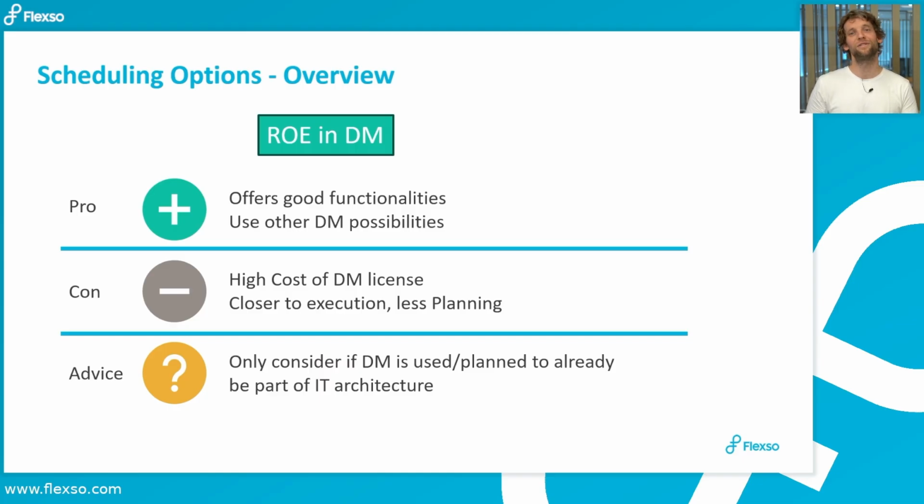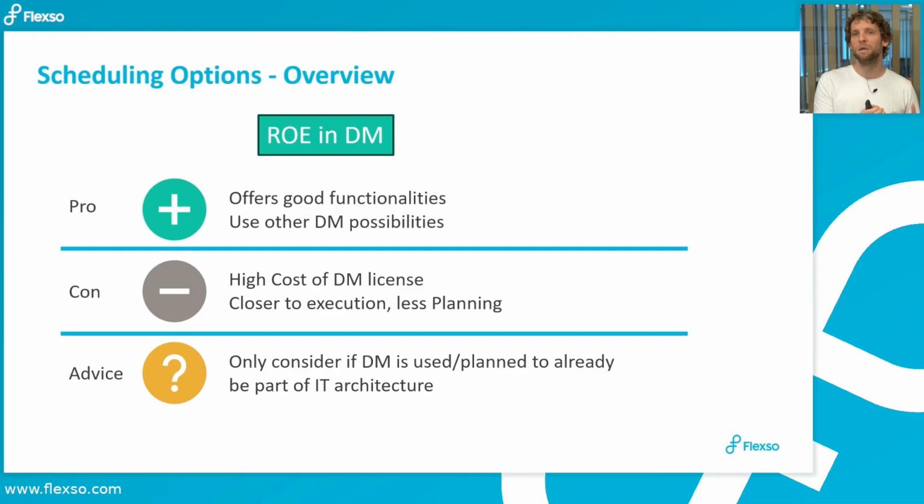But a disadvantage is, of course, you need to have a DM license. And the digital manufacturing license is probably, if you only look at the scheduling component, not worth it. So there is that disadvantage. If you're really looking for a scheduling solution and not for an MES solution, and only going for resource orchestration, we will probably say there are better alternatives.